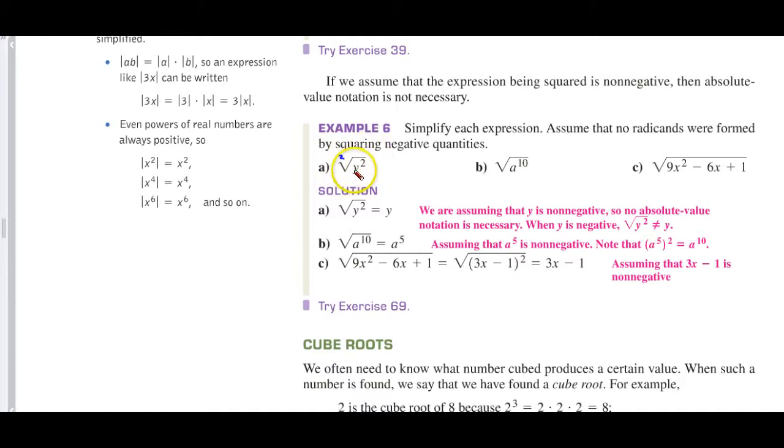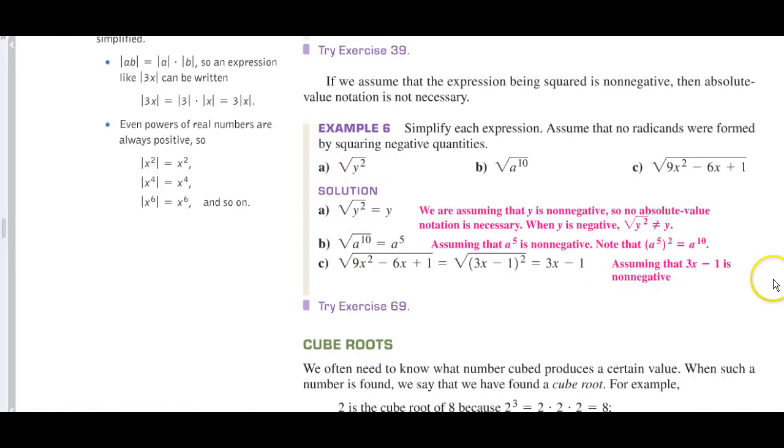This becomes y 2 over 2. That's just going to be y. Remove the radical sign. 10 over 2, a to the 5th. This is a perfect square trinomial. As you see, just removing the radical sign, 2 over 2 becomes this. And we're assuming that it's non-negative.